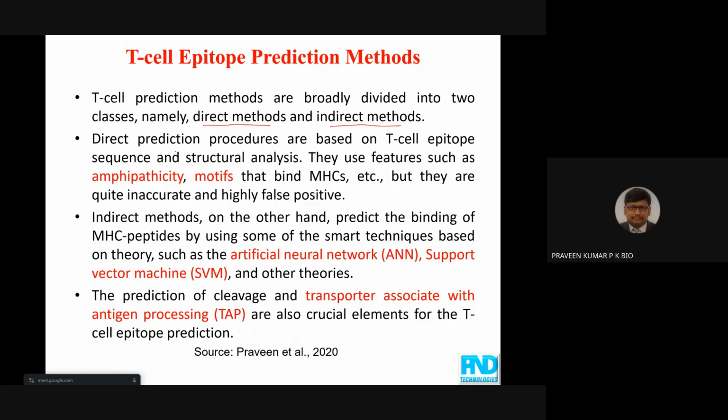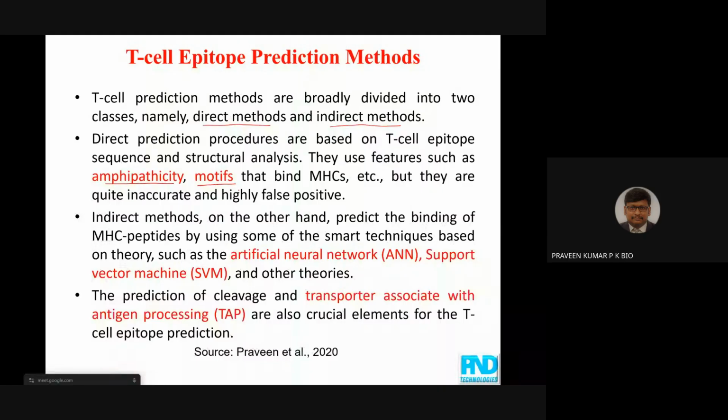If you see the direct prediction procedures for T cell epitopes, these features use amphipathicity, that is hydrophobicity and hydrophilicity, and then motifs. Some proteins have both hydrophobic and hydrophilic features, so obviously we can find that kind of feature.